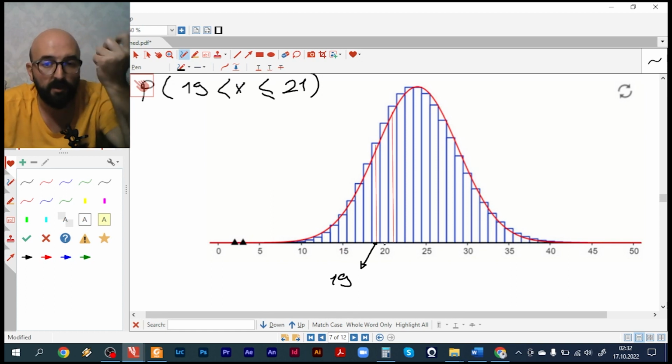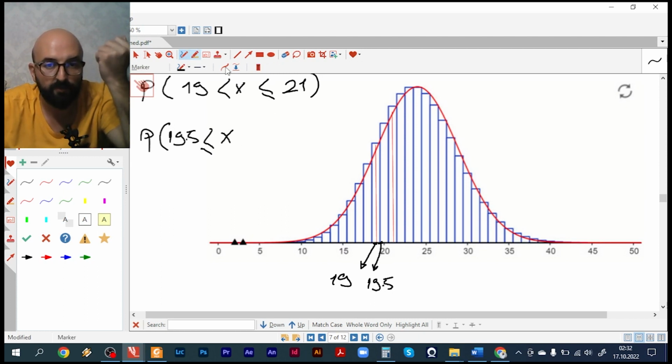Because of that, we should use 19.5, the bound of this rectangle. So we should use x greater than or equal to 19.5.